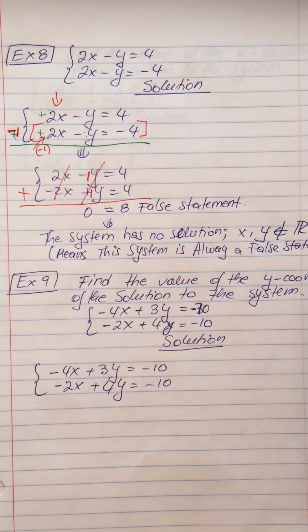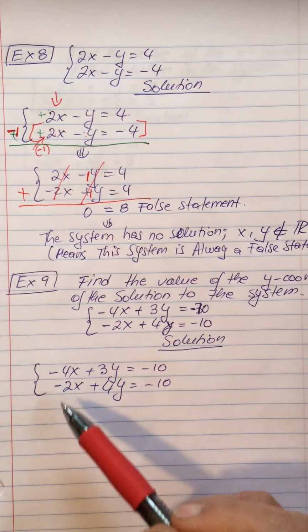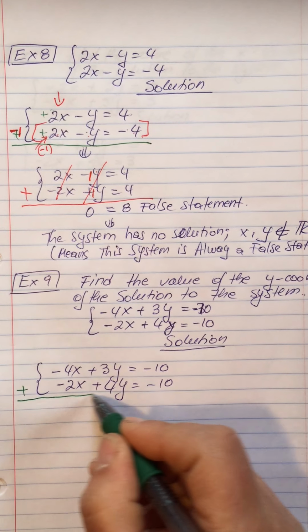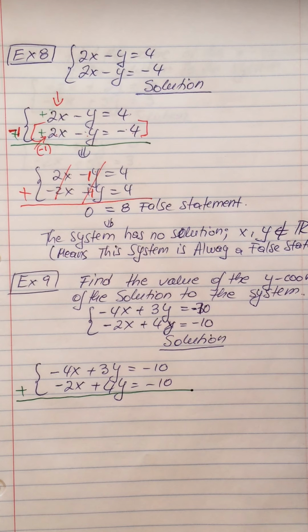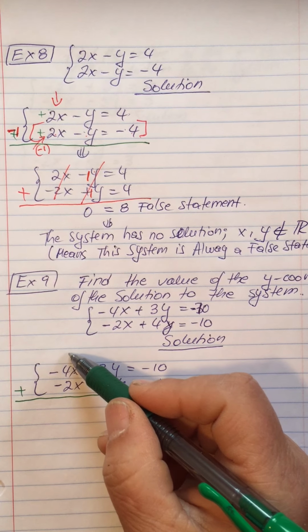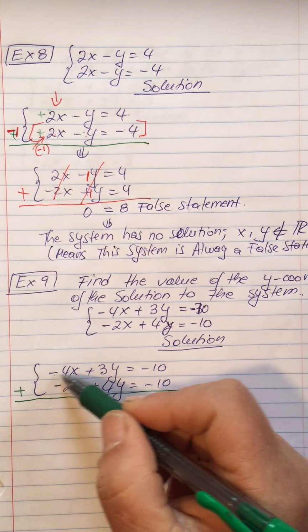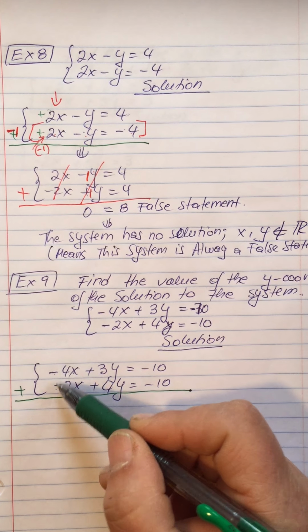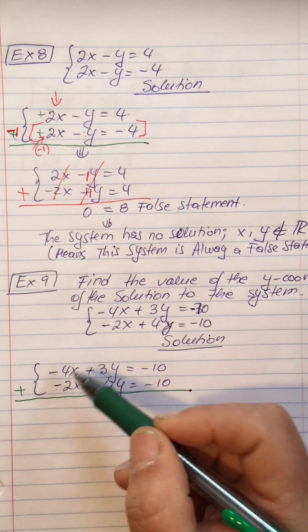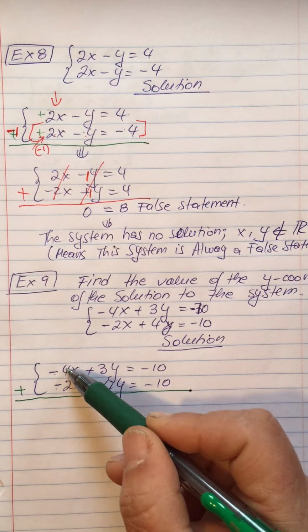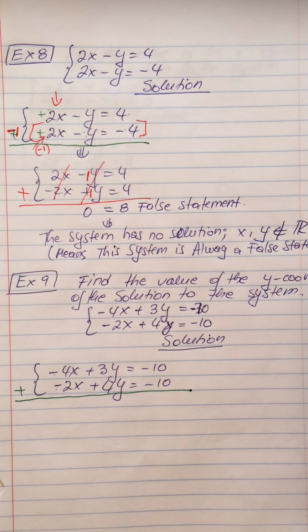Now, let's look at example 9. So again, I want to use the addition method. I have to add both equations in order to eliminate one of the variables. Looking at x, if I want to eliminate x, I have negative 4 and negative 2. They are not opposite, but I can make one negative and one positive, and 2 easily can become 4 by multiplying by 2.